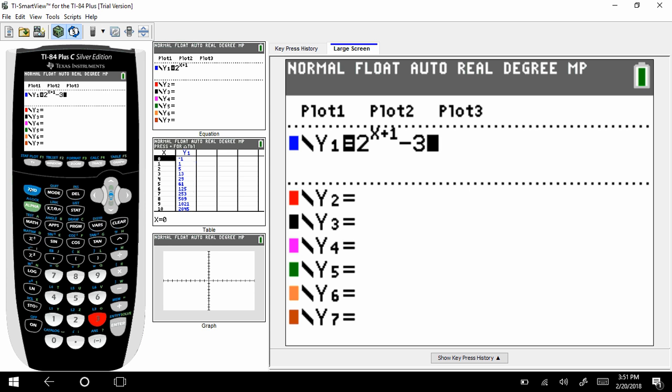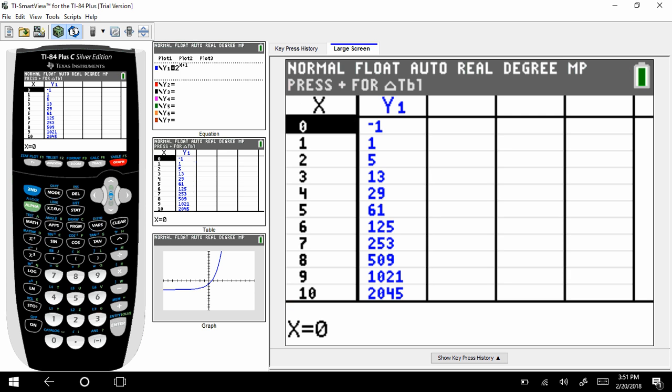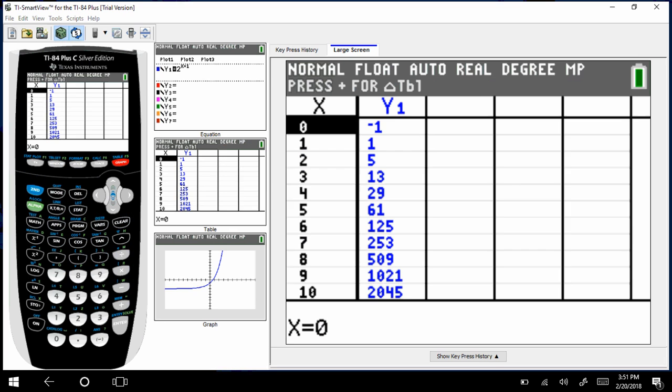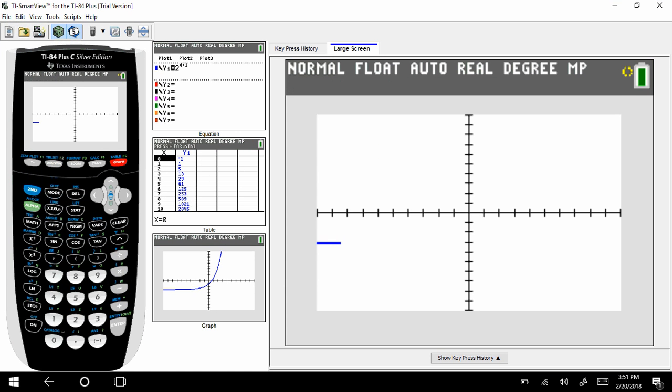And I'm just going to look at the table. I'll look at the graph as well. So I just want you to graph 2 points. You can pick any 2 points on here. I'll pick 1, 1, and 2, 5. So 1, 1, and 2, 5. And then just so you can see what the shape is, you want to look at the graph.